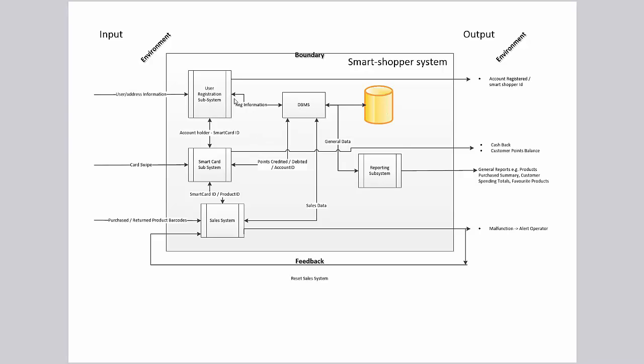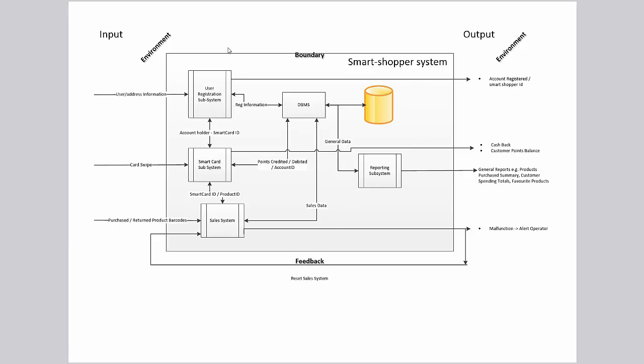You can see also that the subsystems are providing outputs, and these outputs will move back into the environment. For example, an update of customer points which are printed out. The system also has a control mechanism in that it uses a feedback mechanism to reset the sales system in case of a failure.